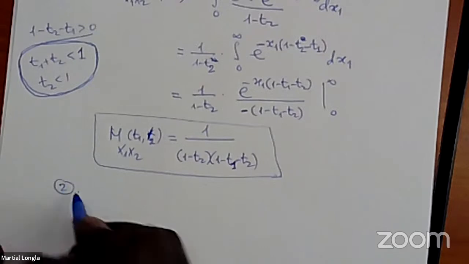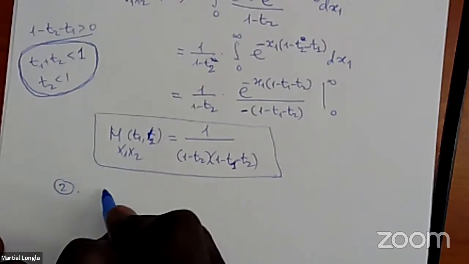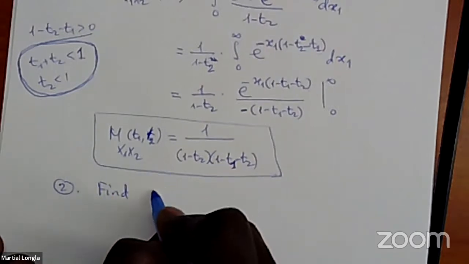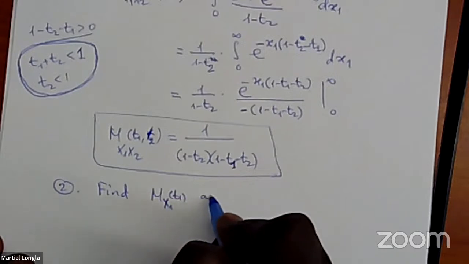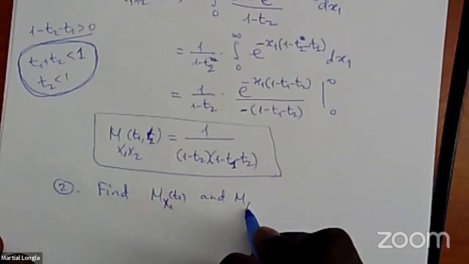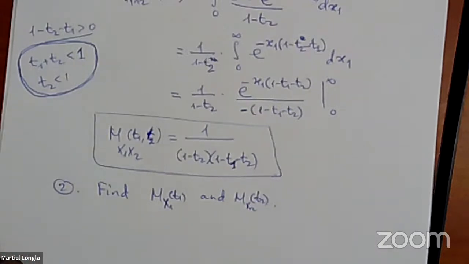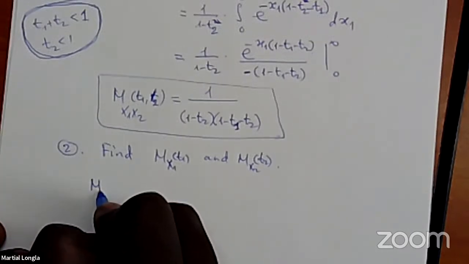Now the second part of the question was to find the marginal moment generating functions. The formula says to get this, it's easy.